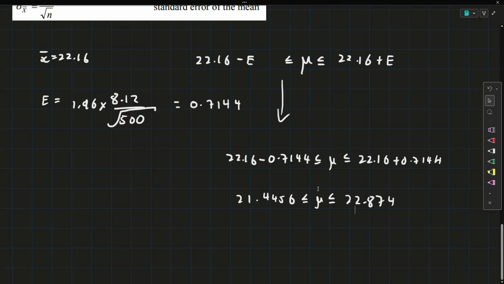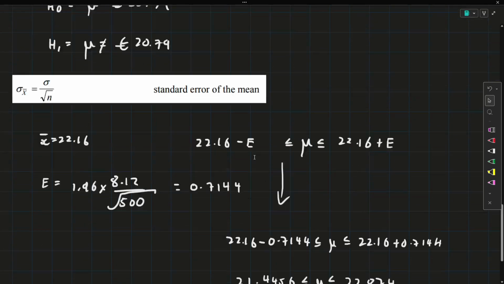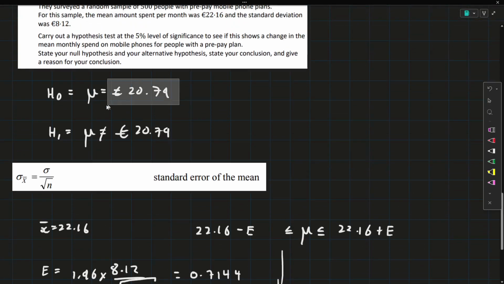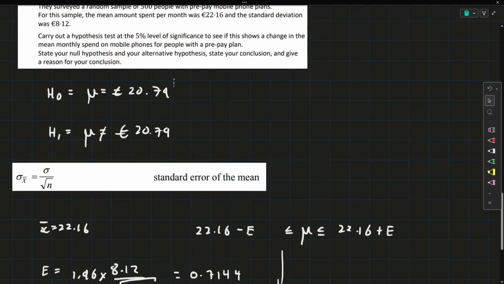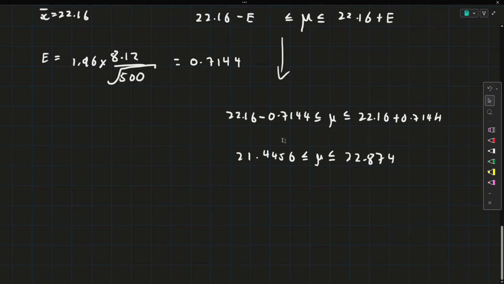So that's where our actual mean is, somewhere in between these two values, supplied by the sample. We want to see, is the actual mean 20.79? Well, you can see it's not within this interval, so it's very unlikely that it could be 20.79, because according to our sample, mu must be in between these two values, and 20.79 is not there.